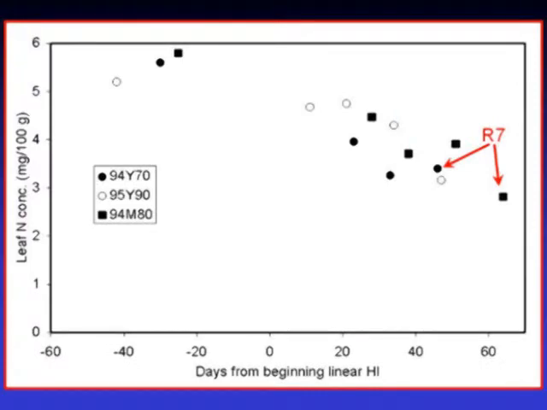We've also looked at the leaf nitrogen concentration. I'll talk a lot about the importance of nitrogen in his production system, but we've plotted leaf nitrogen concentration here for these three different cultivars as the days when that harvest index began to increase, when the seed fill period first began. So anything with a negative number here is actually during vegetative growth.